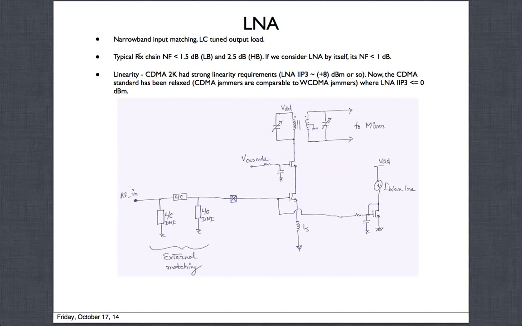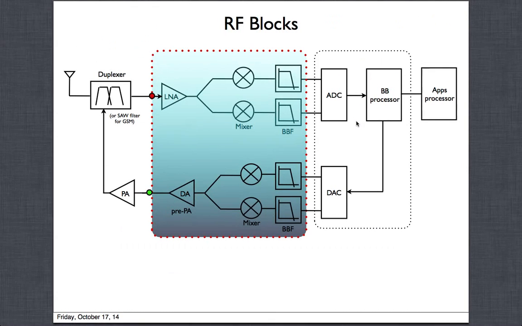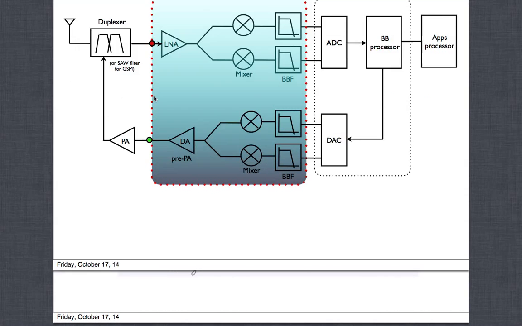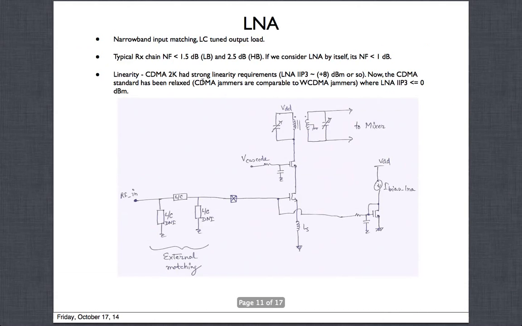If I take the noise figure of the whole RX chain, not just the LNA, but the LNA, then the mixer, and the rest, so the noise from the LNA, the mixers, the baseband filter, and the ADC, all this noise reflected back to the input of the LNA, these typical products achieve a combined noise figure of about 1.5 dB.